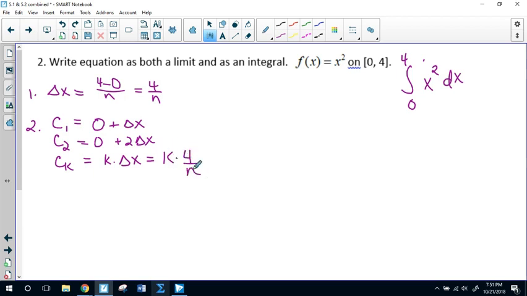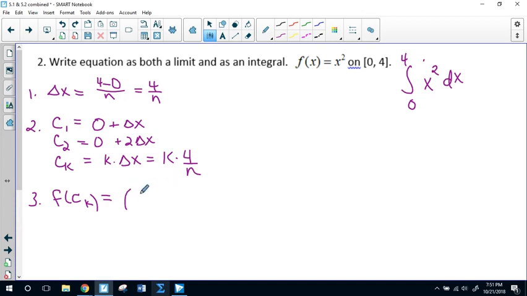We already found that. Okay, so now I'm supposed to find my favorite, f of c sub k. And that is then substituting c sub k into your function, which is x squared. So then this becomes, where am I at?